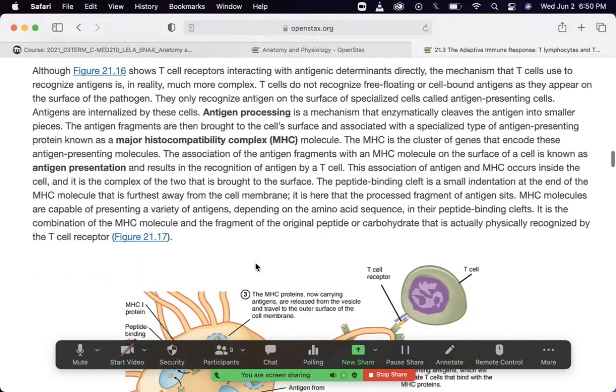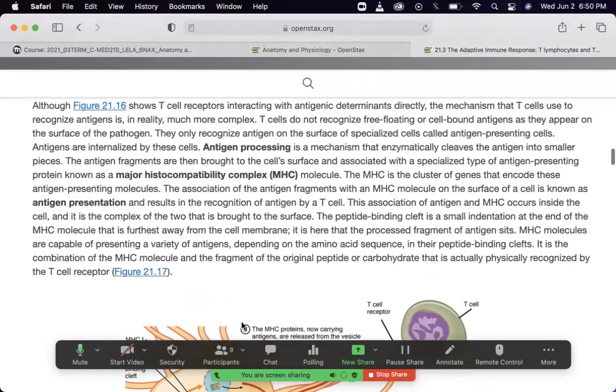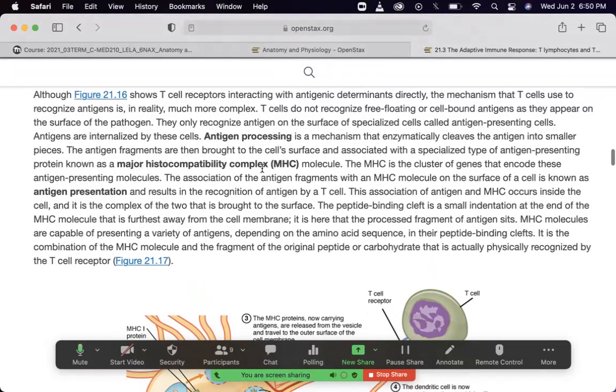Now, all of us have the highly specific. So even if you're twins, we have to see if the majority of them match. And that's what we're doing when we're thinking of bone marrow transplants or any other transplants of kidneys and hearts and whatever.